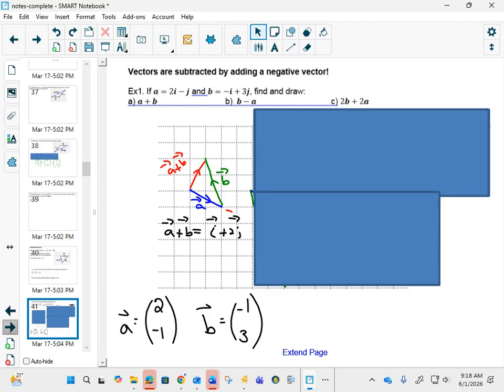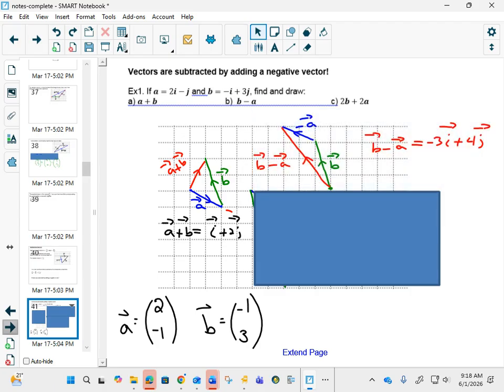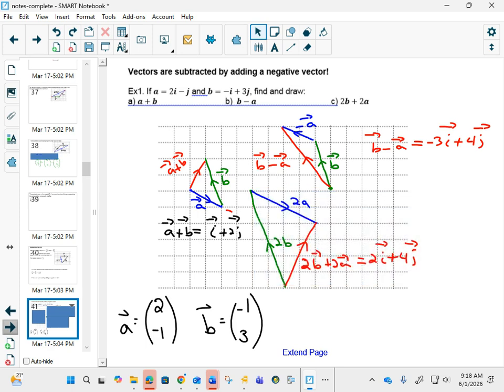b minus a. Now we draw our vector b, we draw our vector a in the opposite direction, and we get b minus a. Draw two b's, draw two a's, and you would get 2b plus 2a.